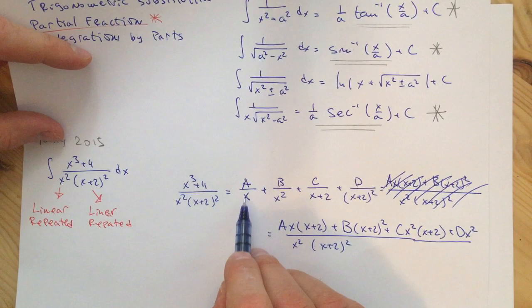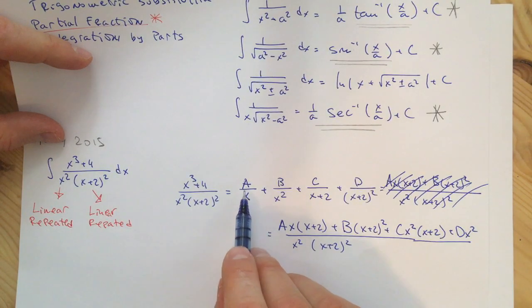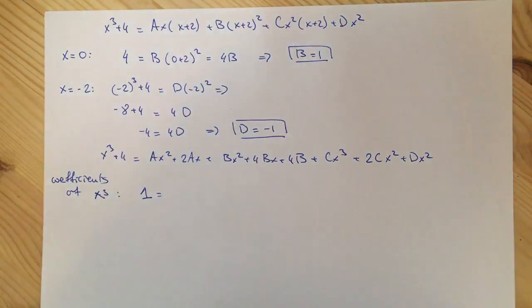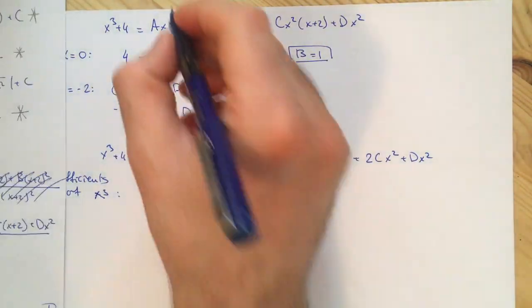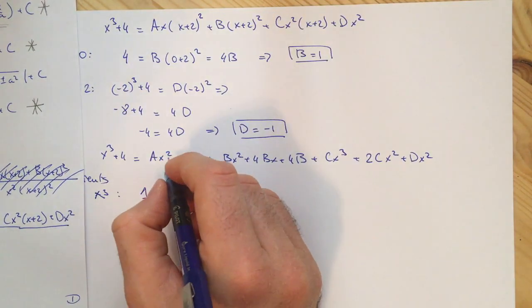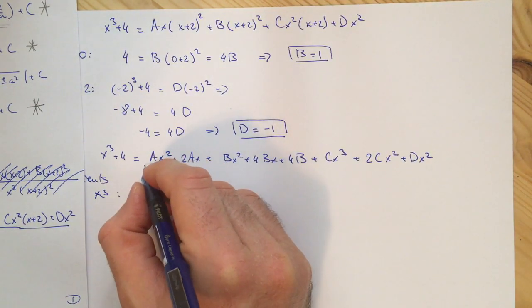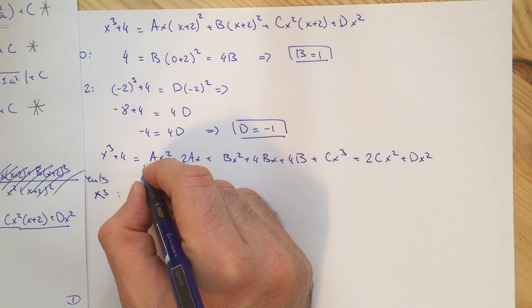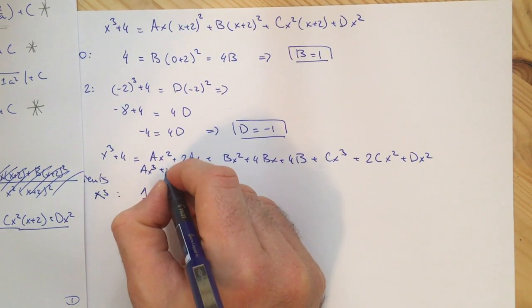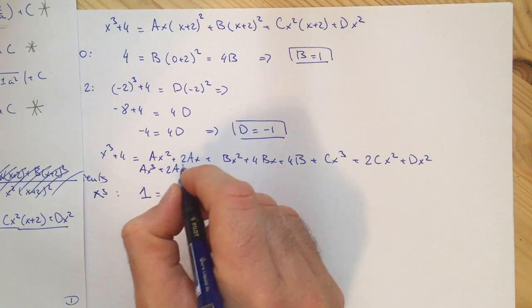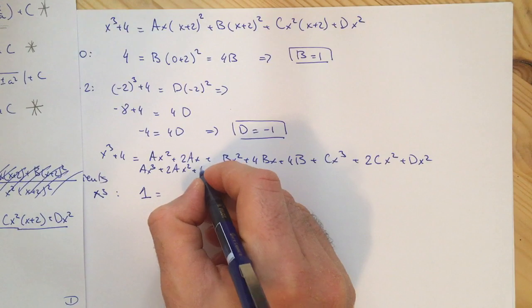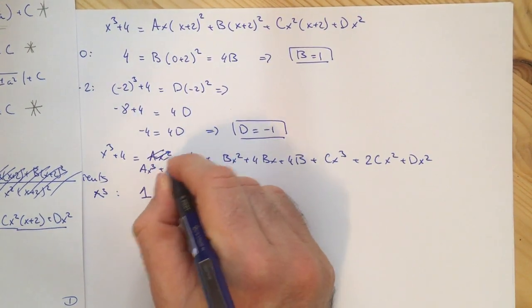Sorry, so a over x, so I have to multiply it by x and by x squared. So for that, I have here x squared. So that's going to be ax cubed plus 2ax squared plus 4ax. Sorry about that.